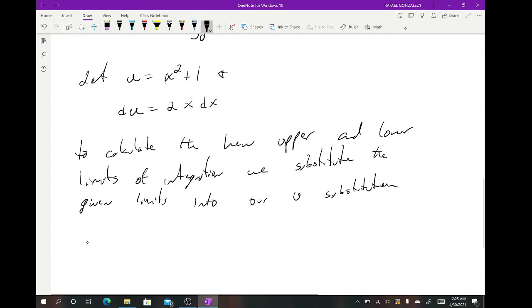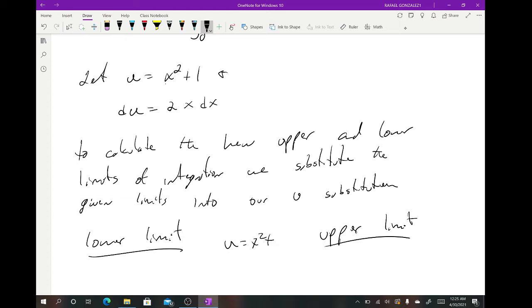So for example, to get the lower limit and the upper limit, I'm going to be using u. So u is equal to x squared plus 1.